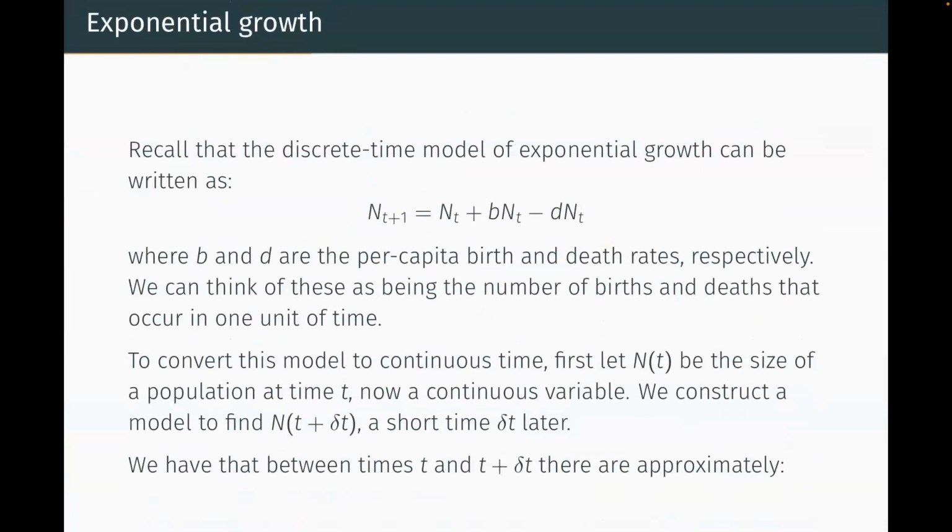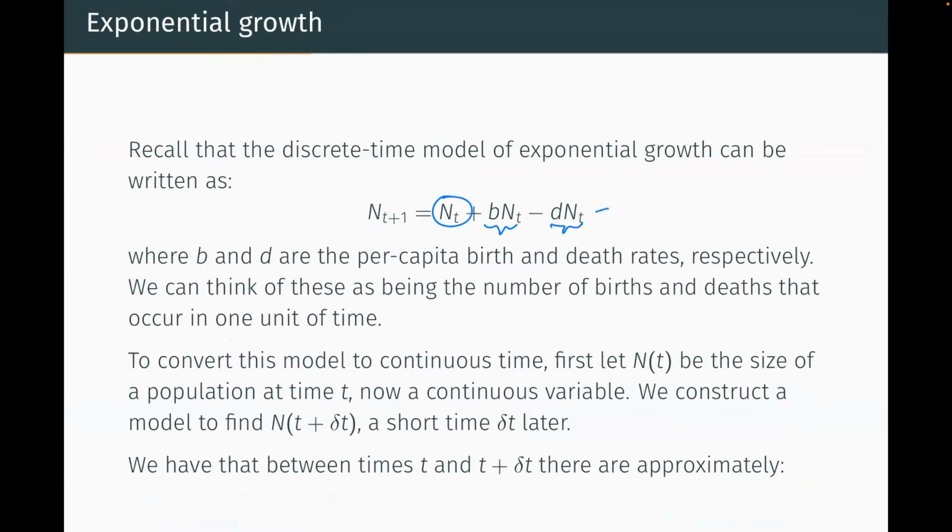Okay, so let's think about the first model. If you recall, the first model we looked at was an exponential growth model in discrete time. So this is where we had our population at the next time point, N sub t plus 1, equal to our current population size N_t plus some births, or subtracting some deaths.